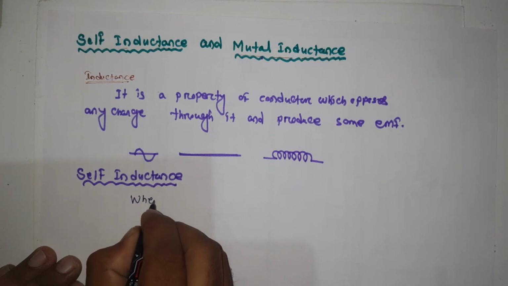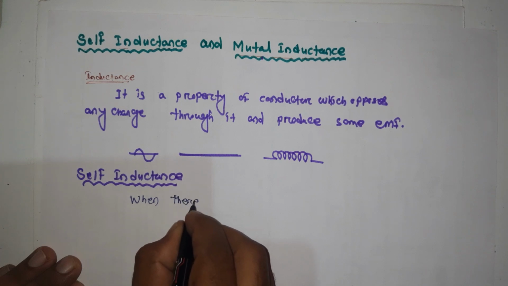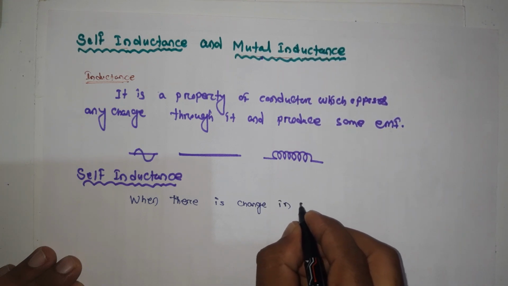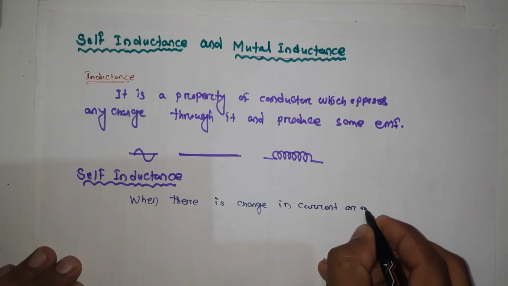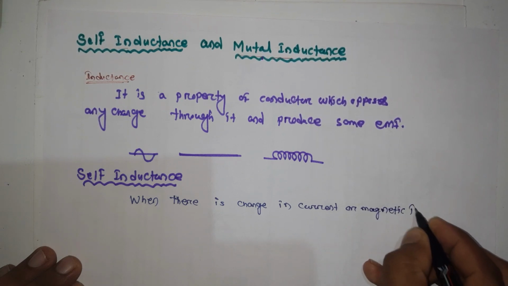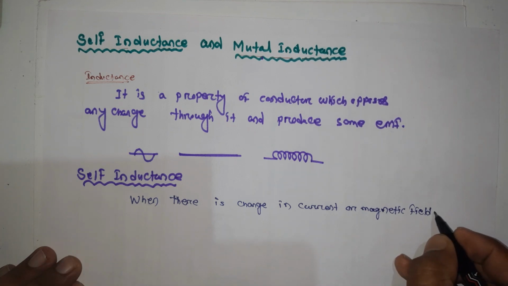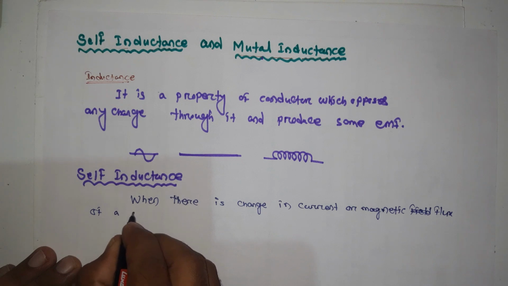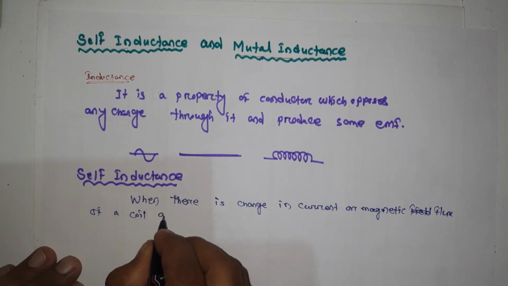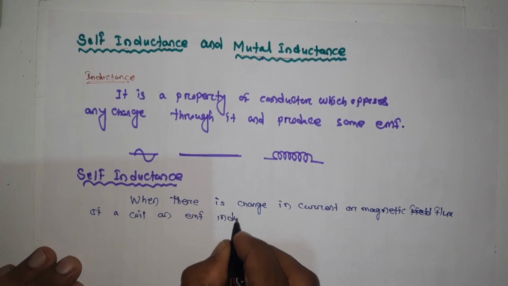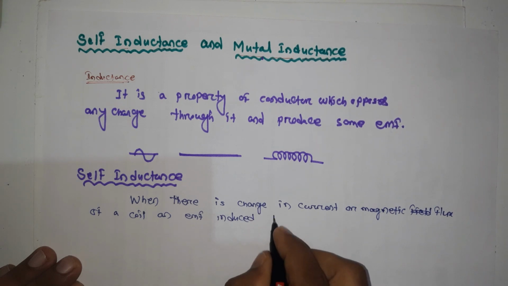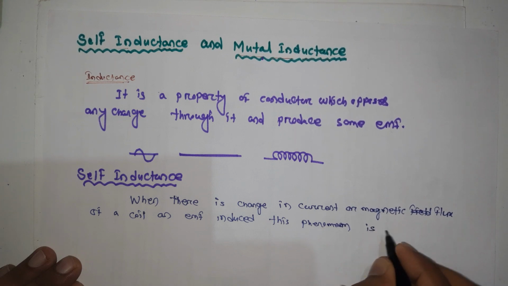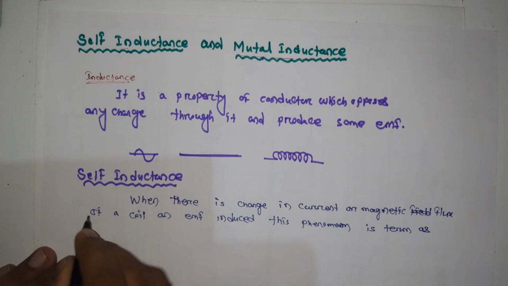When there is a change in current or magnetic field, or magnetic flux, you can say magnetic flux of a coil, meaning conductor of a coil, and an e.m.f is induced, this phenomenon is termed as self-inductance.